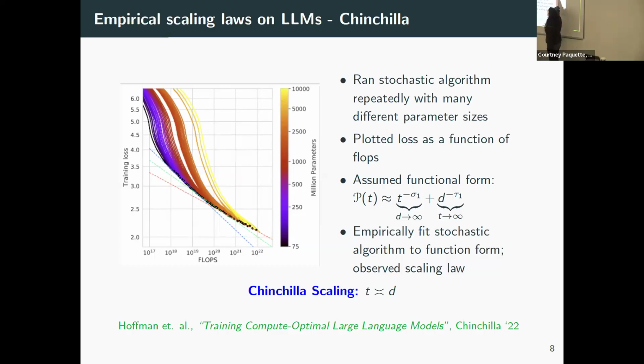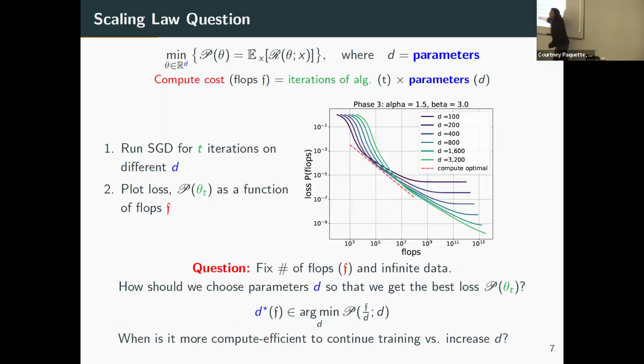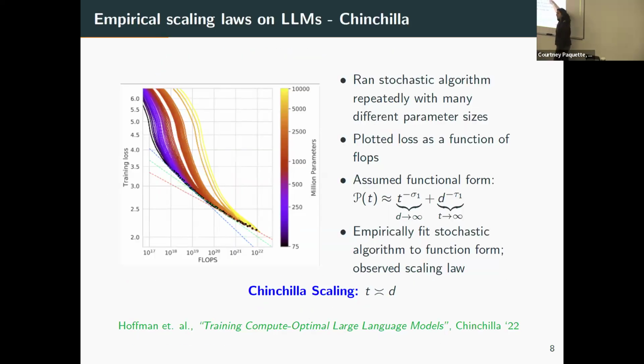They ran a stochastic algorithm repeatedly across different parameters on a scaling ladder that they had created, okay? They plotted their loss as a function of flops. And then because you don't know, you have to solve this problem. You actually don't know how your loss changes as iterations and parameter size change. You only have samples of that.